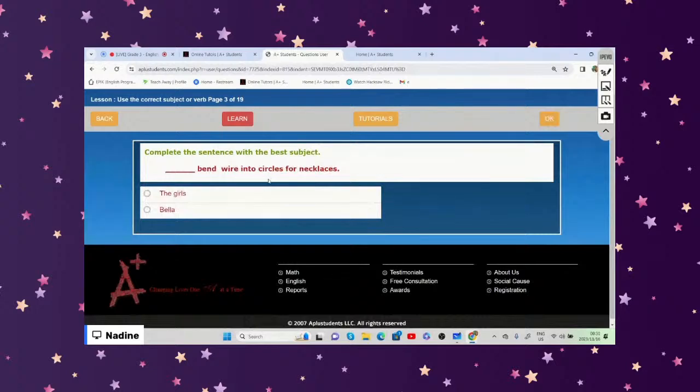Bend wire into circles for Nicholas. Is it the girls bend wires into circles for Nicholas or Bella bend wire into circles for Nicholas?